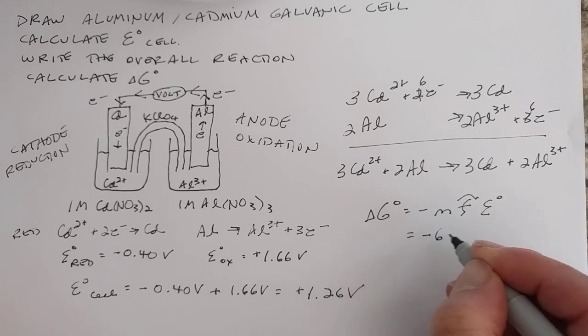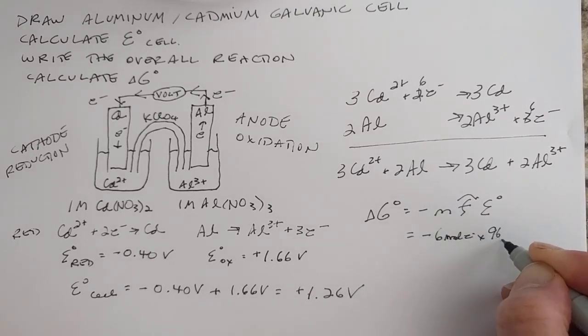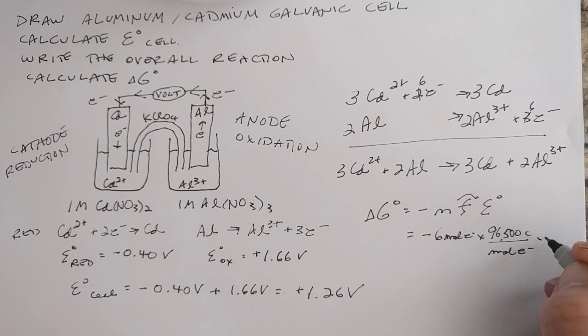So minus 6 moles of electrons times 96,500 coulombs per mole of electrons times 1.26 joules per coulomb.